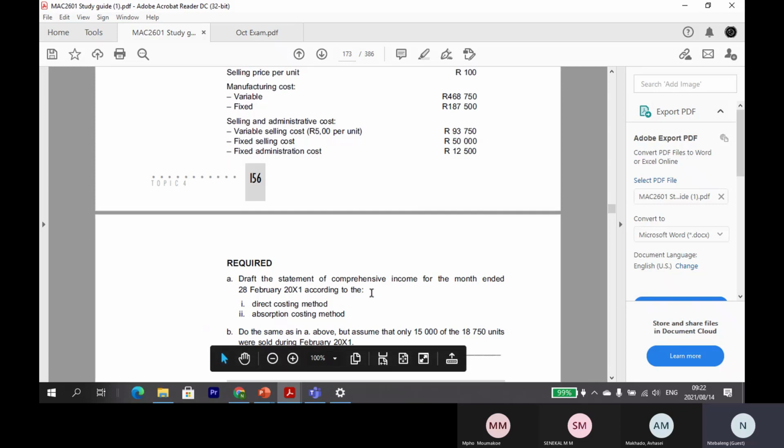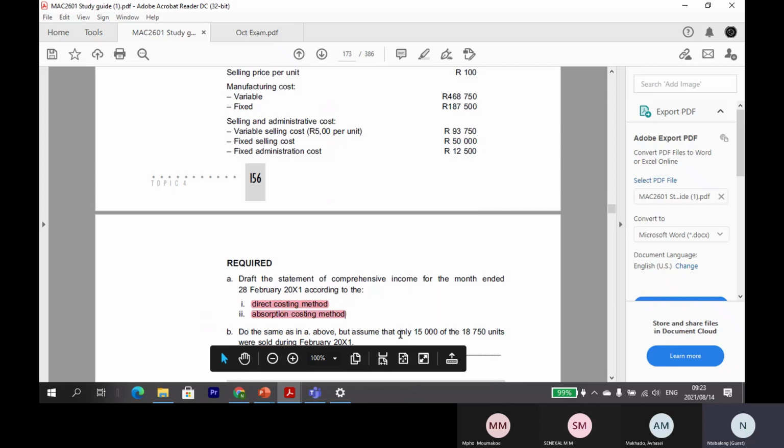It's a bit straightforward. It's an example, just to make sure that we apply the principles that I just mentioned. I just want to test your thinking. So in terms of B, you need to assume here. You have to do your income statement under the direct costing method and your absorption costing method.